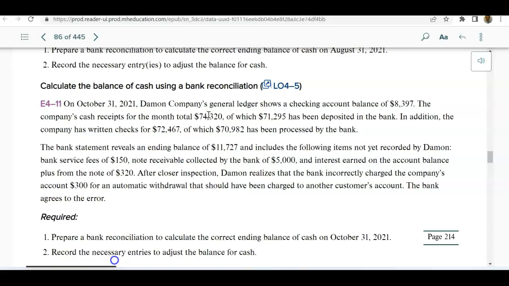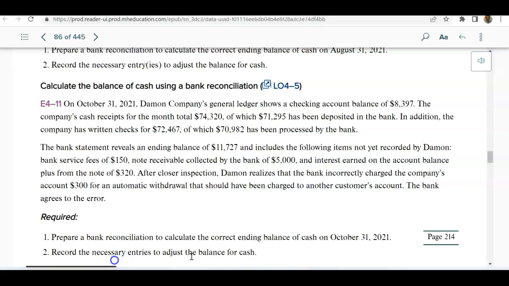That means the difference of these two is not showing in the bank statement as a form of deposit. And the reason it might be because they deposit that amount at the last day of the month after hours, and it's not reflected in the bank system.